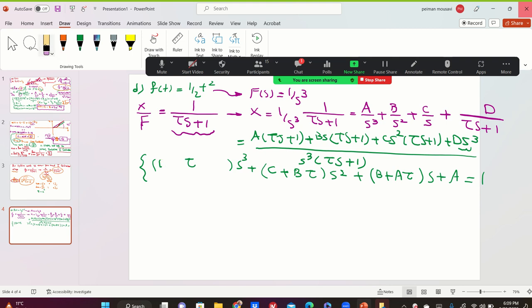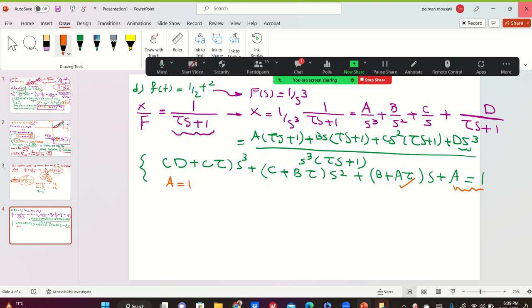Let me rewrite this. D plus C tau. Let me double check because I'm looping with you. s squared gonna be C plus B tau, plus B plus A. Okay. So obviously you see from here that A is equal to 1.